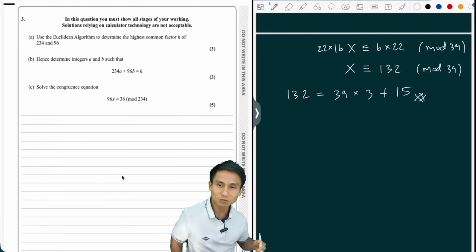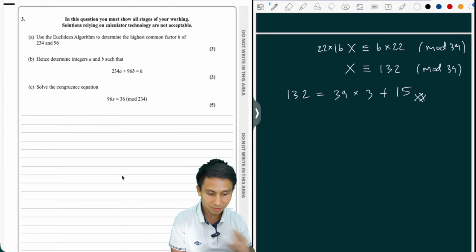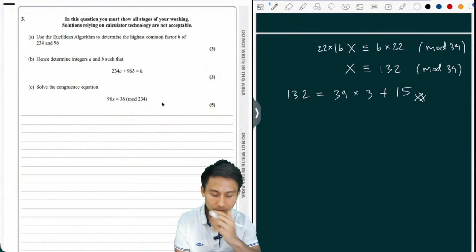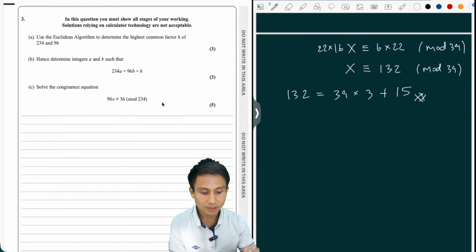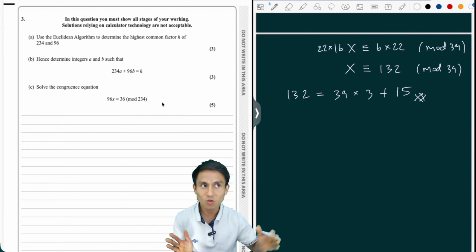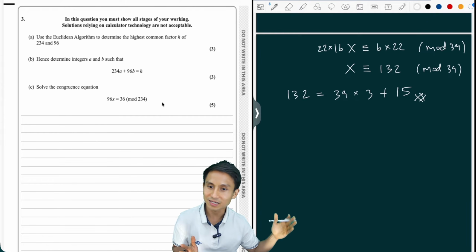Now how do we find the next one? Well, basically we use a similar equation here, but remember it was 234 before, right? So that means the 15 is the least one, but it can go up as long as it's not exceeding 234.